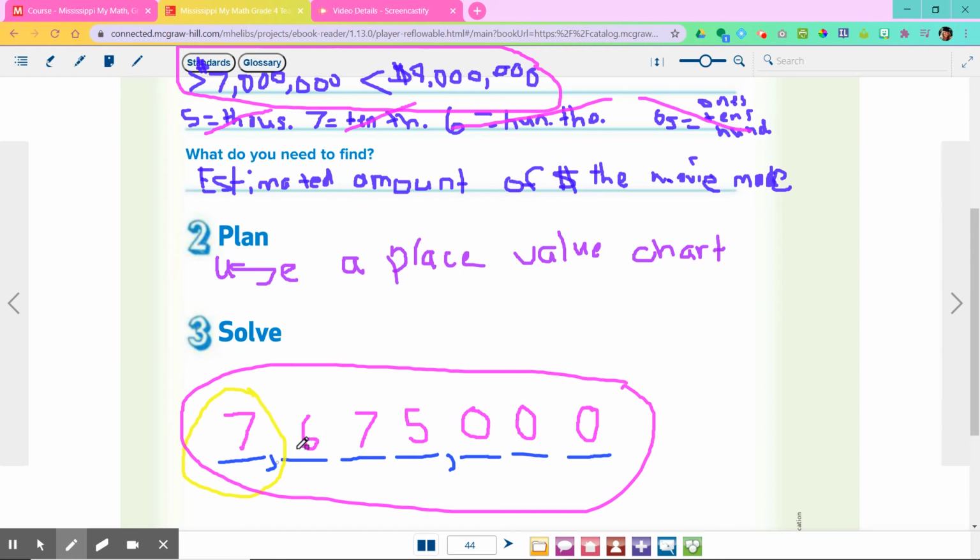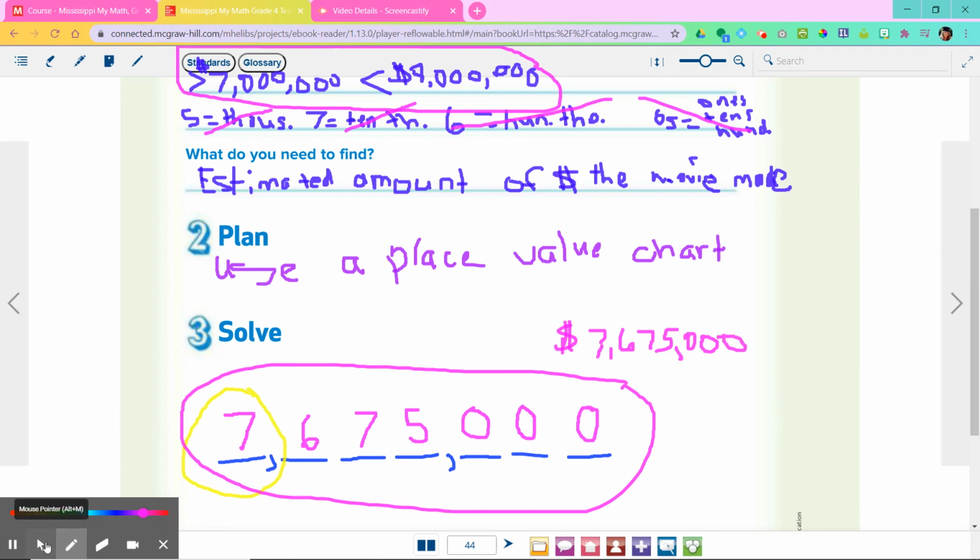So my estimated amount that the movie made was $7,675,000. So that is my answer, and you can rewrite it over here. $7,675,000.